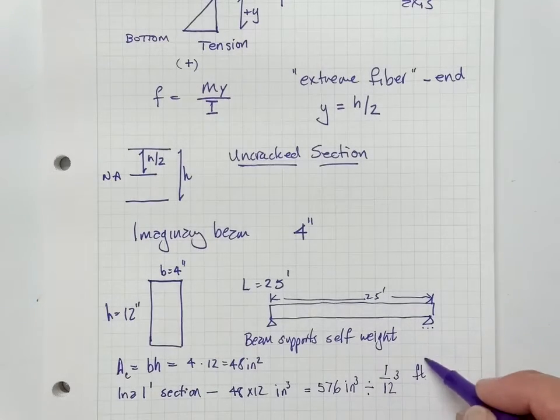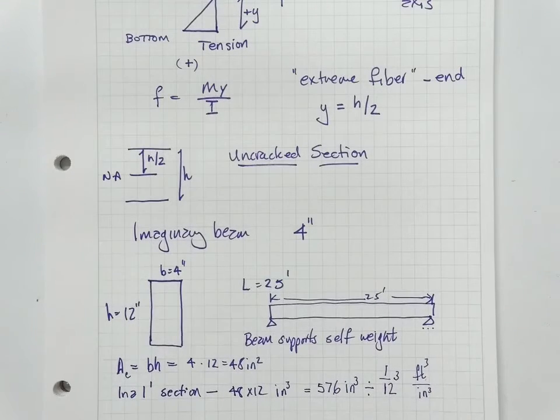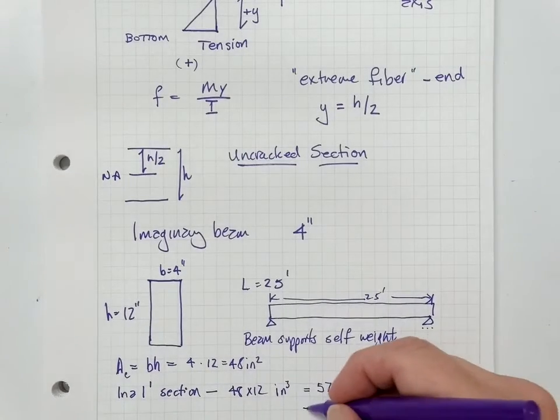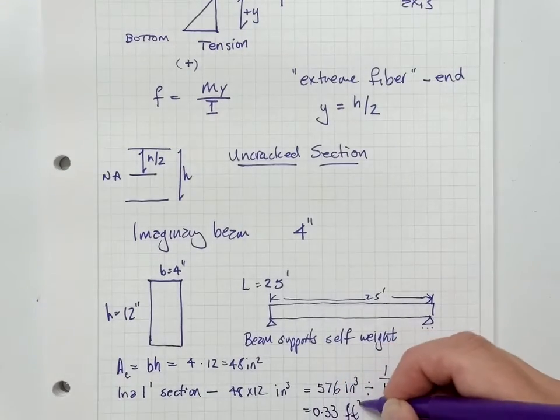This is in cubic feet per cubic inch. It's going to give me a volume, which is equal to 0.33 cubic feet.